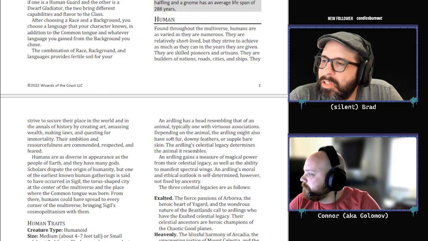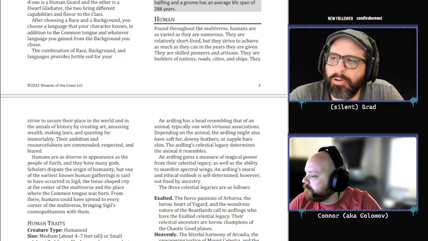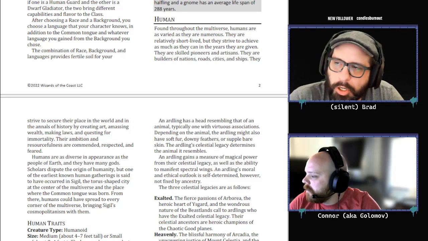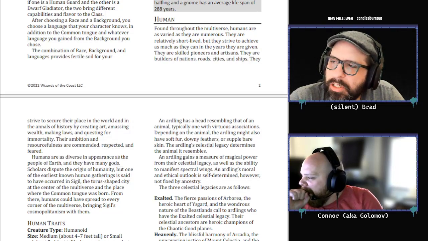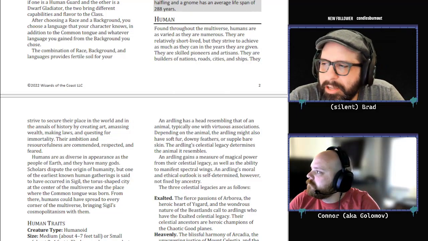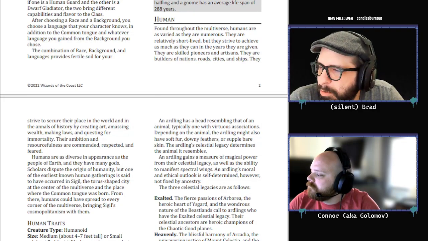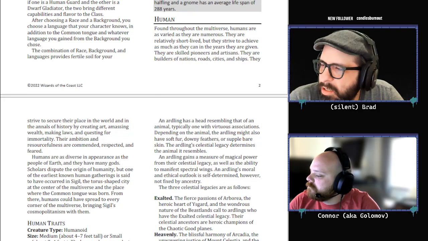Alright, so humans, found throughout the multiverse. Humans are as varied as they are numerous. They're relatively short-lived, but they strive to achieve as much as they can in the years they are given. There's a bunch here about this. As diverse in appearance as the people of Earth and have many gods.